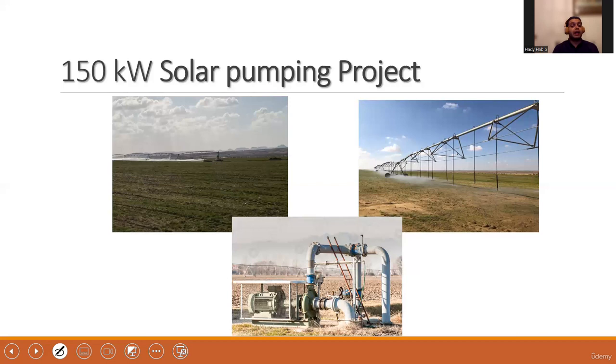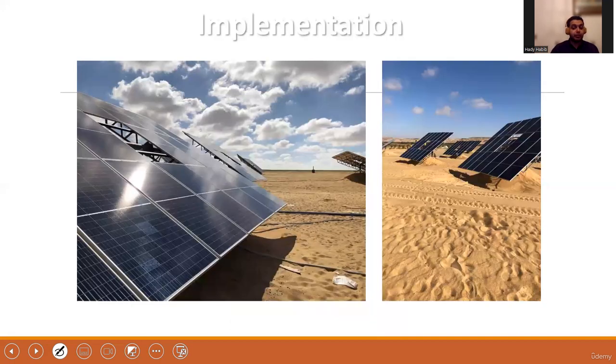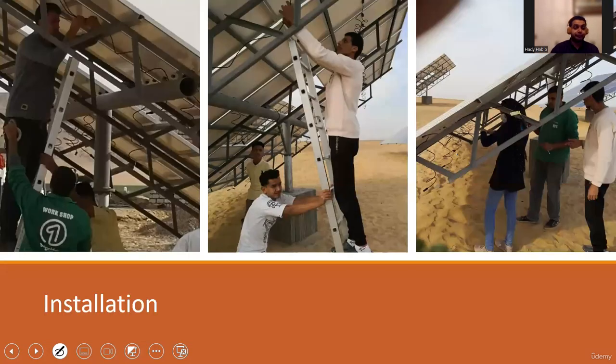We worked on a 150 kilowatt solar pumping project in the desert of the Oasis in Egypt, and we did this irrigation in the morning by using PV without storage. This 150 kilowatt PV without storage, we installed in the desert as you see.